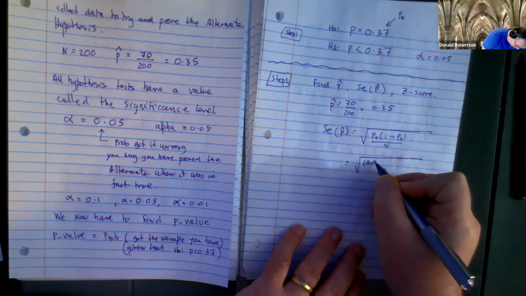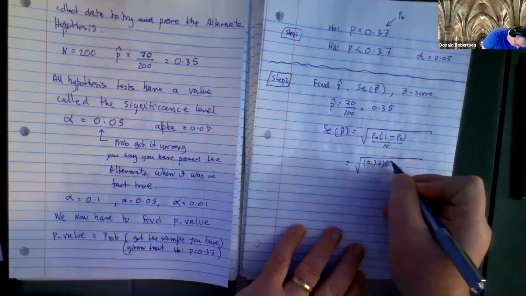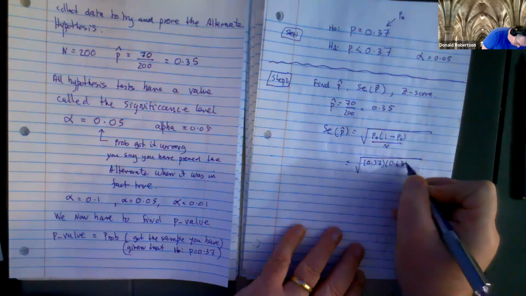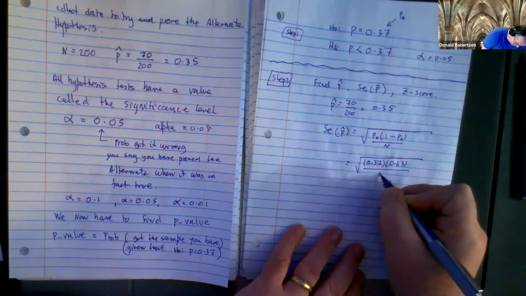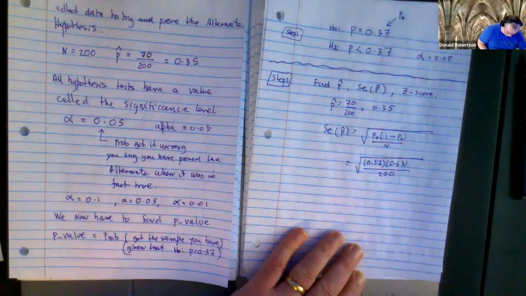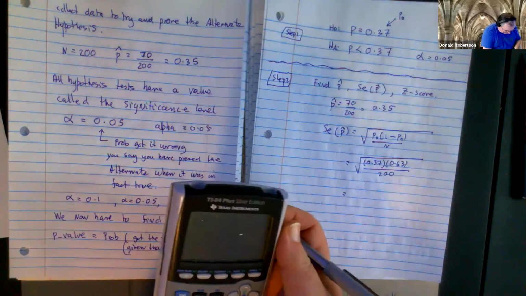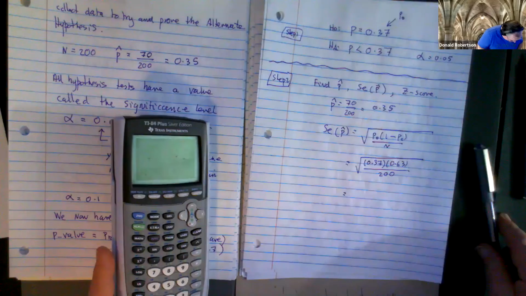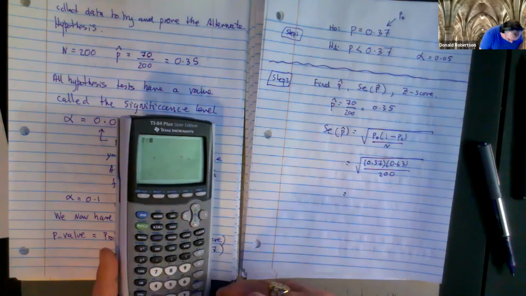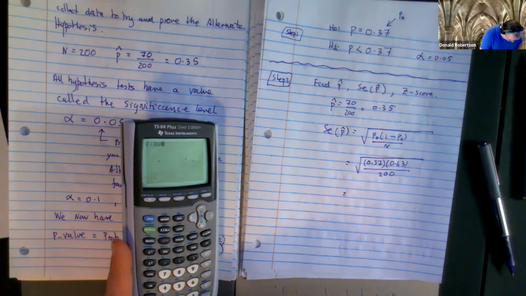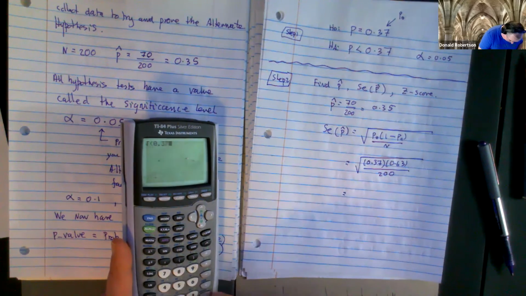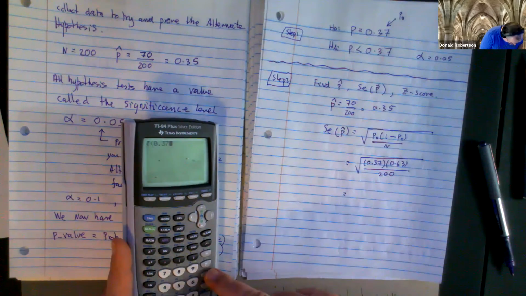So it's going to be 0.37 times 0.63, all divided by 200. So it's going to be the square root of 0.37 times 0.63 divided by 200.